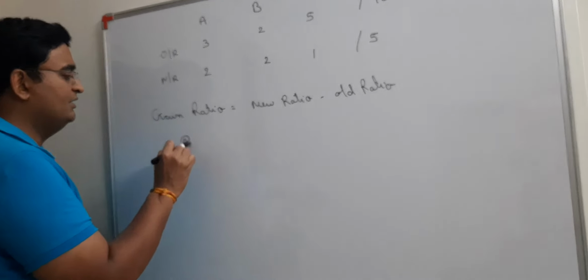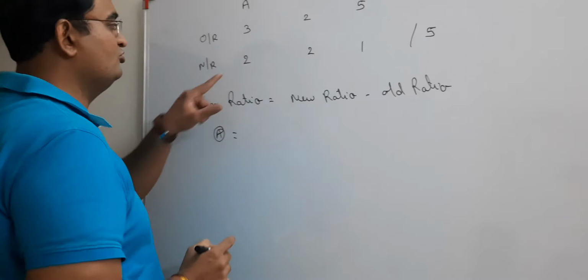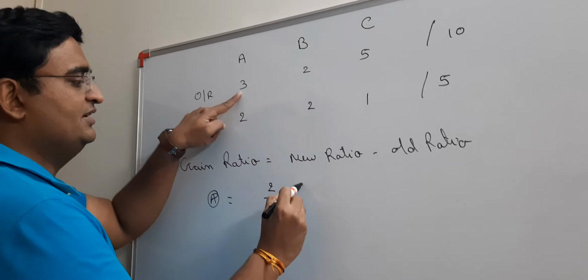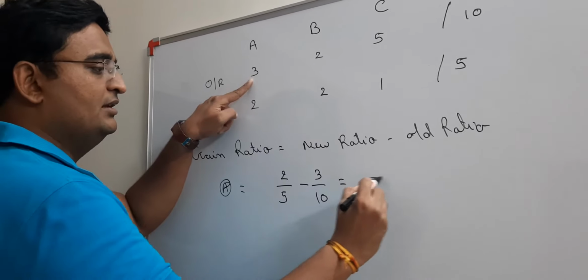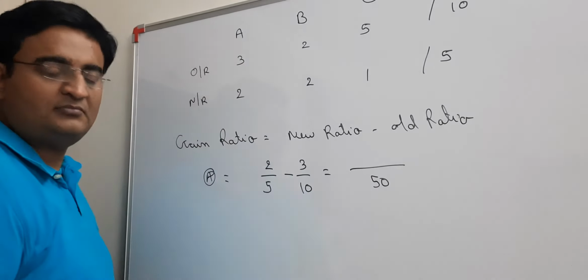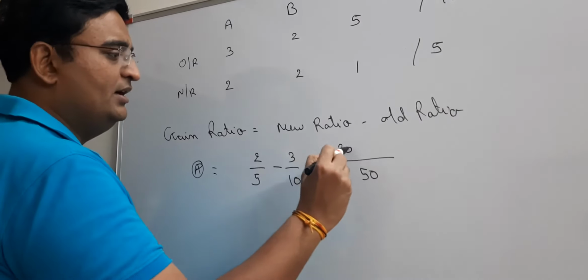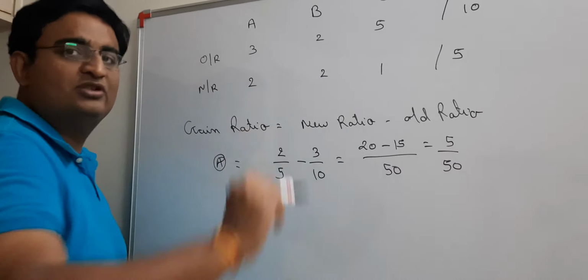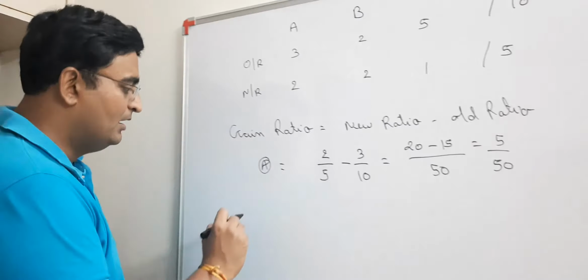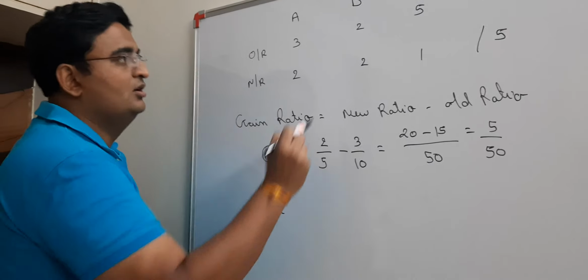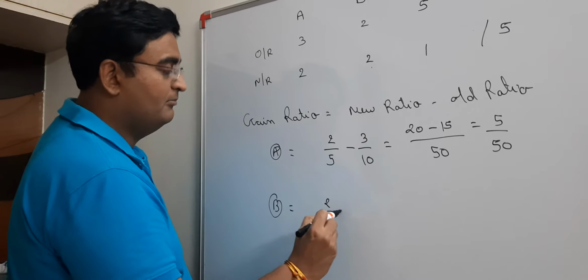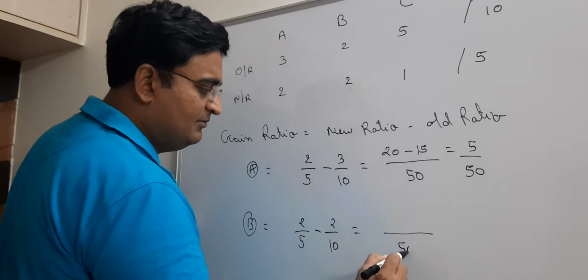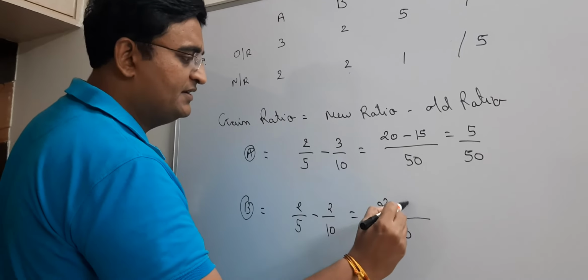Coming back to finding the answer for A. It is new minus old. So new is this one. It will be 2/5 minus 3/10. That gives me 50. 10 twos are 20 minus 15. That gives me 5/50. Again, there is no need to make further solution. Coming back to B, 2/5 minus 2/10. 50 will be the LCM. 10 twos are 20 minus 10.